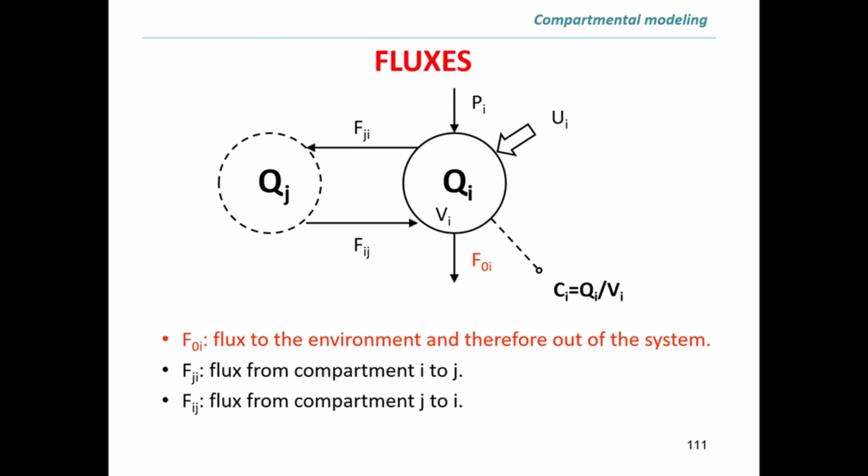If we have F0I, it means that the flux comes from compartment I and is going to the environment, thus out of the system. At the same time, FJI means a flux from compartment I to compartment J. FIJ means a flux from compartment J to compartment I.